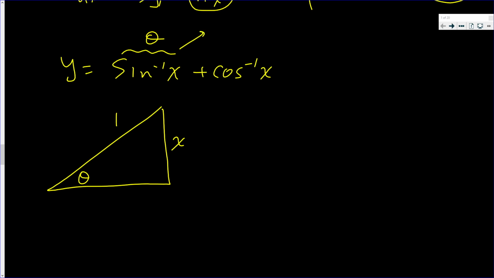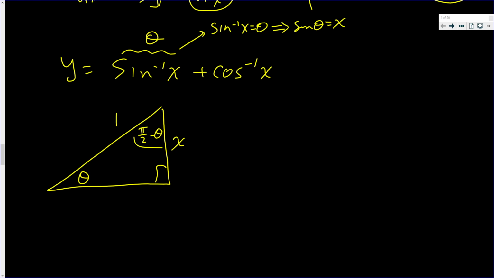That is, I am saying that the sine inverse of x is theta, but that means that the sine of theta is x. Okay. Fair enough. Now, if we know that that's a right angle, the other two angles must add up to pi over 2. So this must be pi over 2 minus theta.